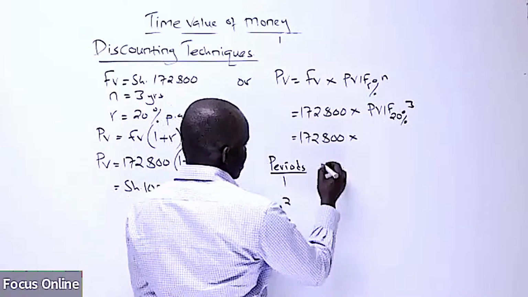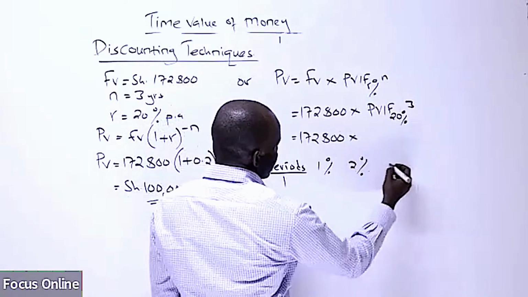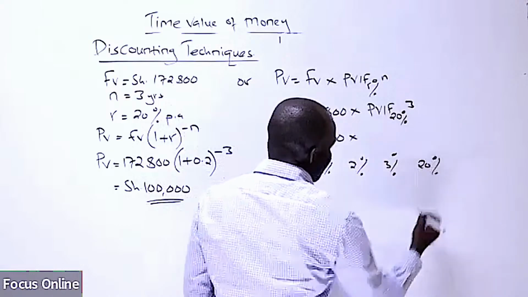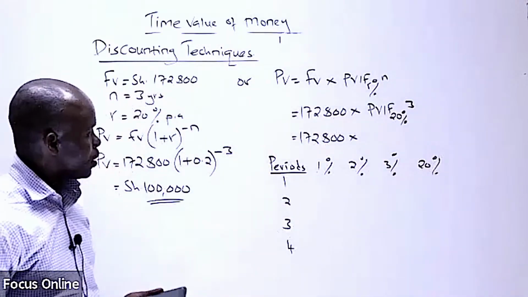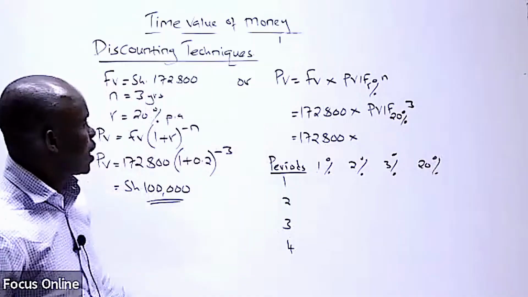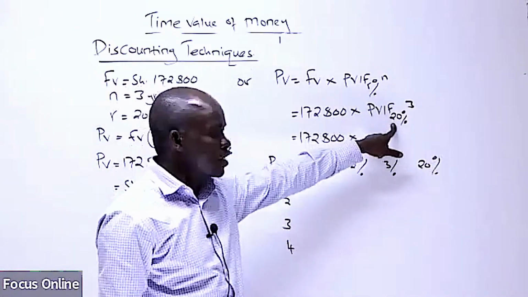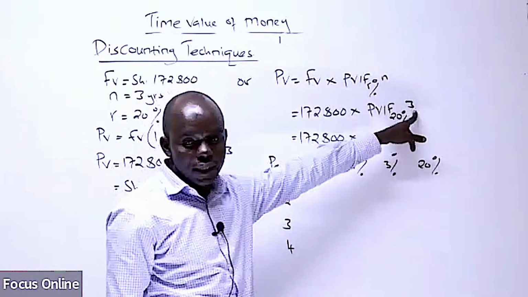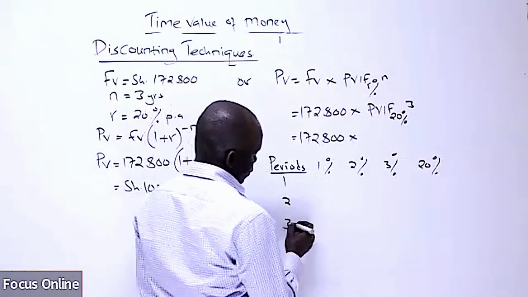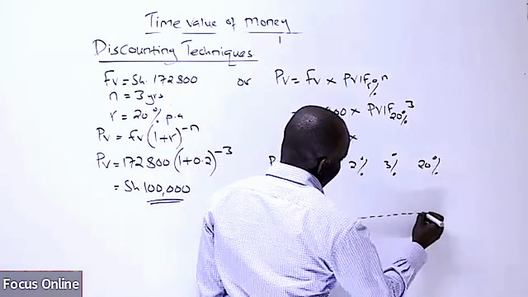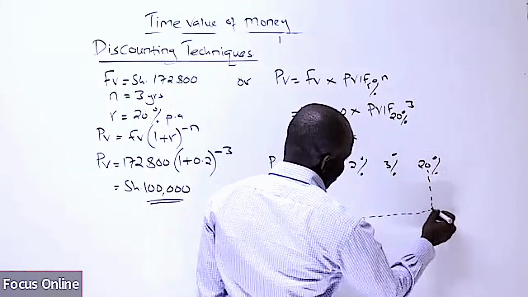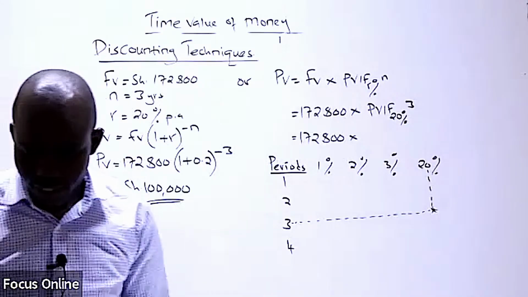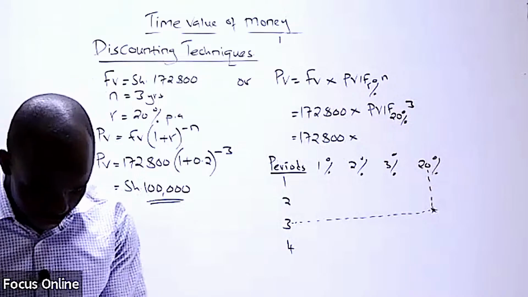Then we have these percentages, 1%, 2%, 3%, all the way to 20%. We want 20%. In our case, we are interested in 20% at period 3. You go to period 3 and move across to 20%, and read the factor that is there, just like we were doing in multiplication tables.